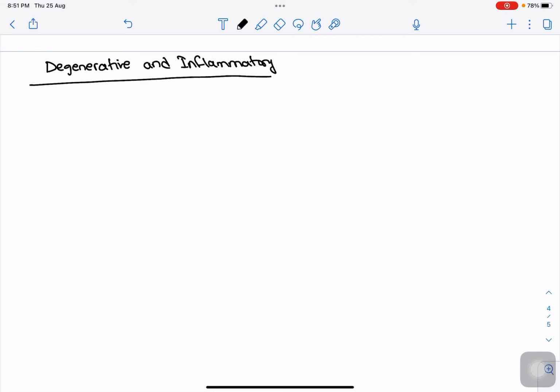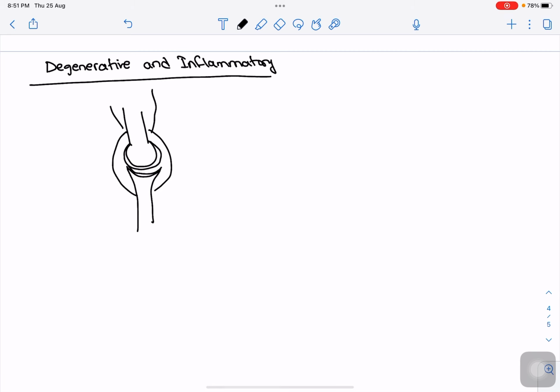If you look at the first picture in the Toronto Notes rheumatology chapter, you'll see a joint presentation which has two bones, and there is the cartilage along with the bones on the joint, and then there is the tendon covering the joint area, and on the upper side there are muscles.